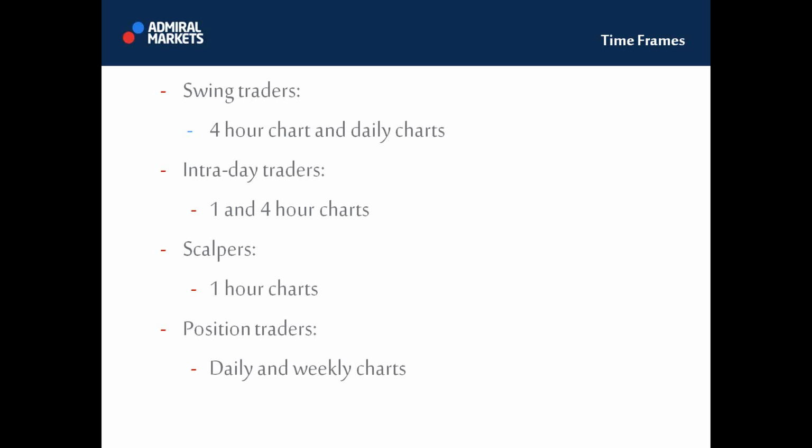And the position trader will probably look at maybe even weekly charts, depending on how long-term the trader is trying to trade. So it depends on what type of swing trader you are. If you're more of an intra-week swing trader, you would be looking at the 4-hour chart. And if you're more of an intra-month swing trader, or somewhere in between, maybe daily charts. So that depends.